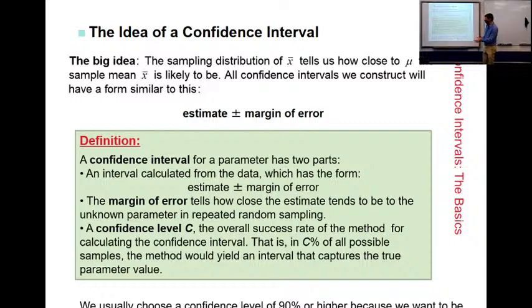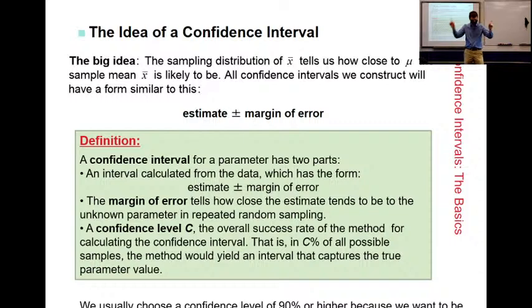And the idea, again, is that what this interval is going to give us is a range of values that we think the population mean actually falls in. And it's going to be centered at that point estimate.